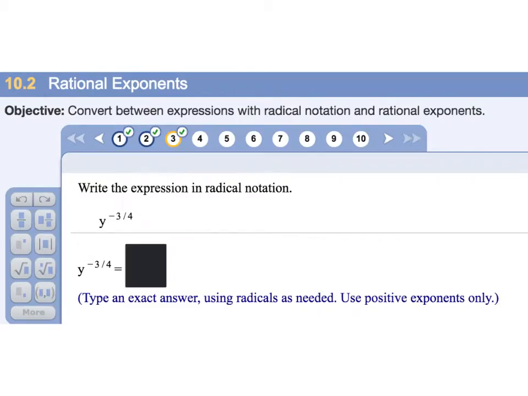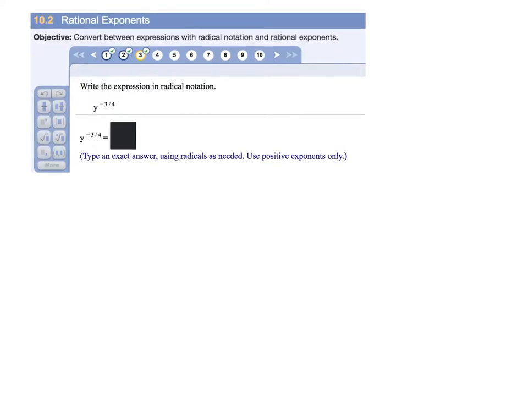All right, so on this one, again, we're just taking that exponent expression and writing it as a radical notation. So when you have y to the negative 3/4 power, immediately that's going to become 1 over y to the positive 3/4 power. That's just the rule. Just 1 over, and then you take this thing and you put it down here, only now instead of it being a negative exponent, it becomes a positive exponent.